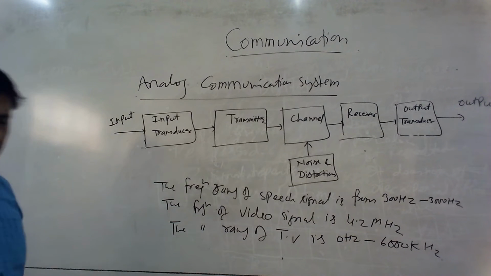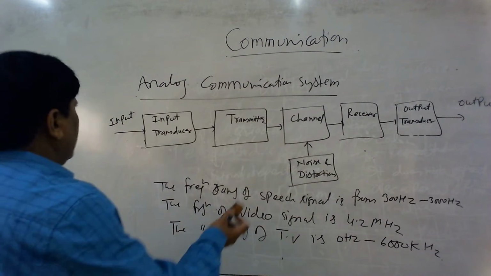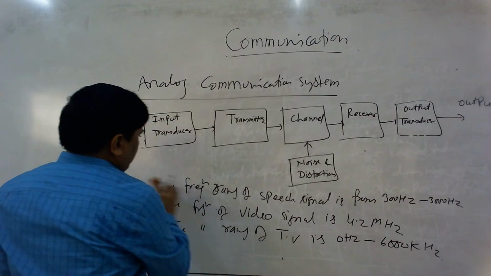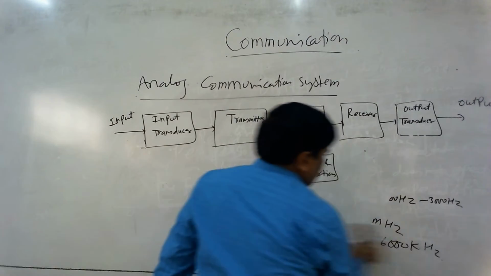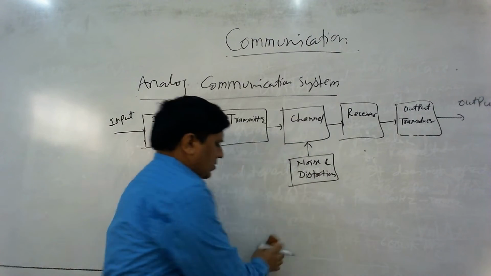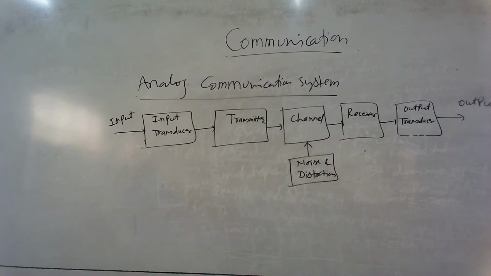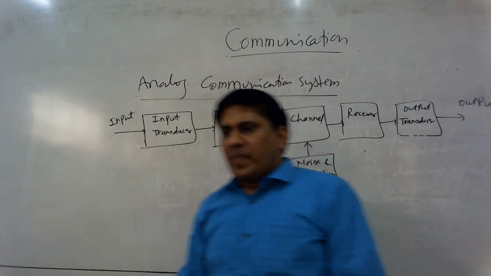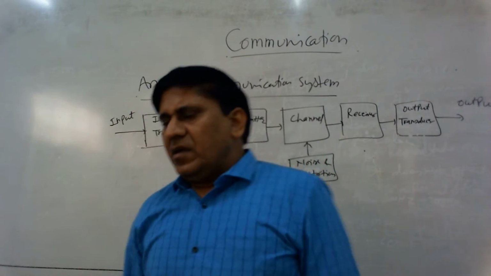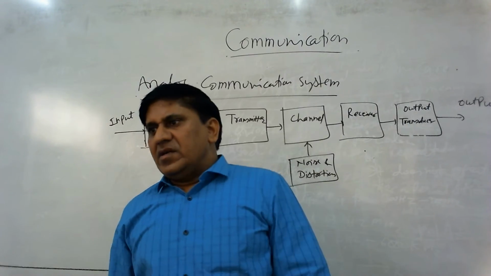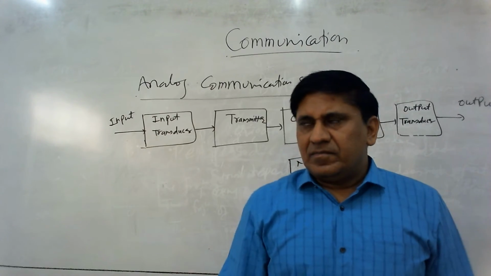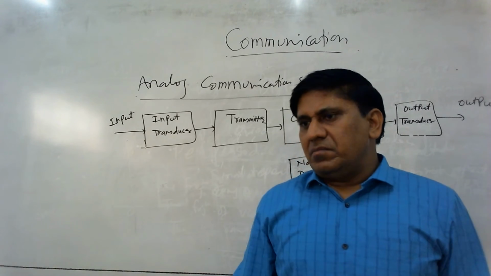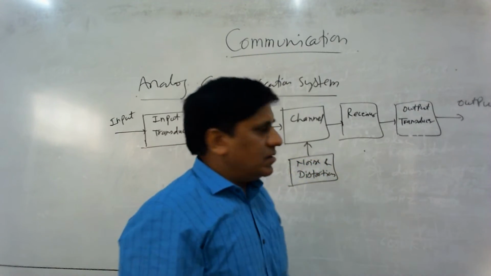When we discuss the analog communication system, the main important feature is the channel, because without an effective channel, no signal can be received accurately at the receiver side. So channel is the most important part in the communication system.